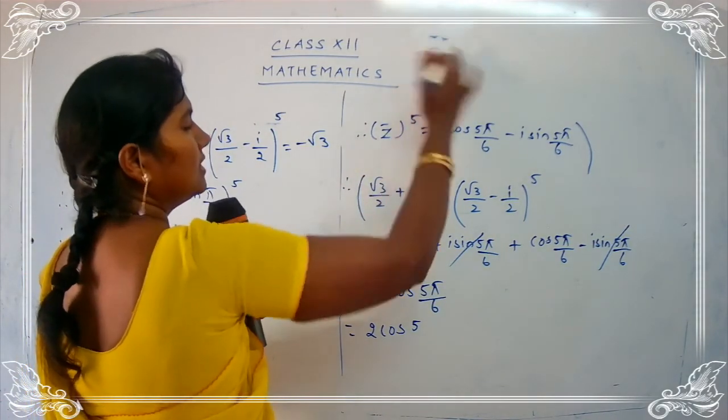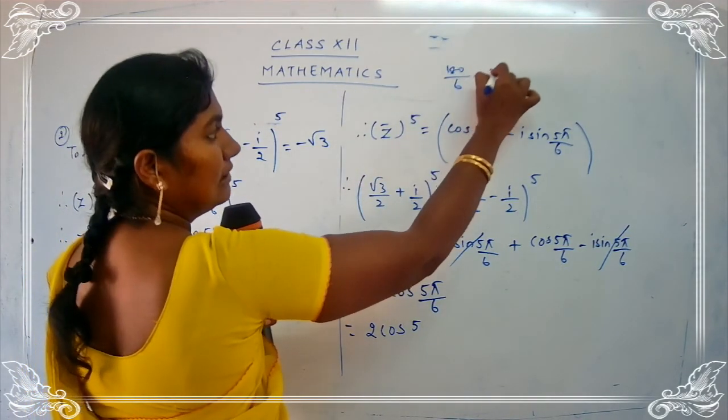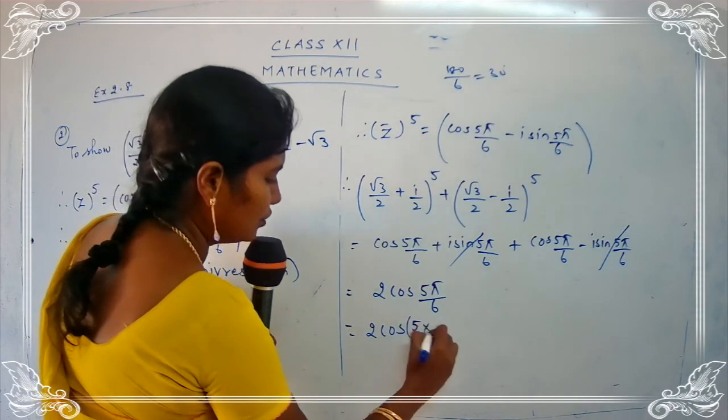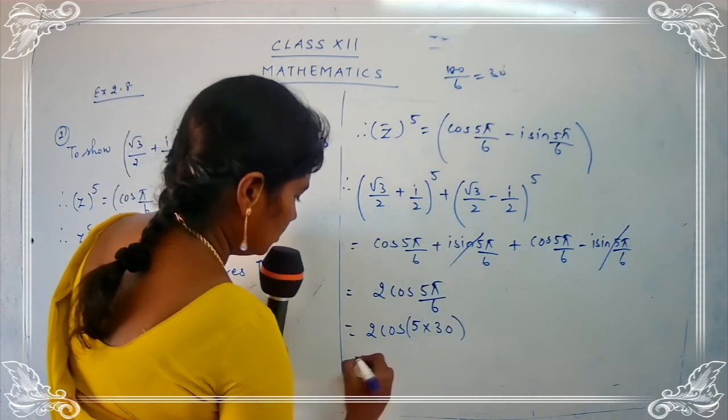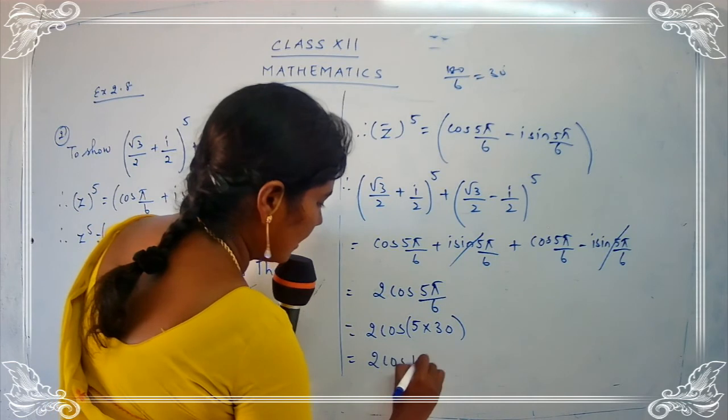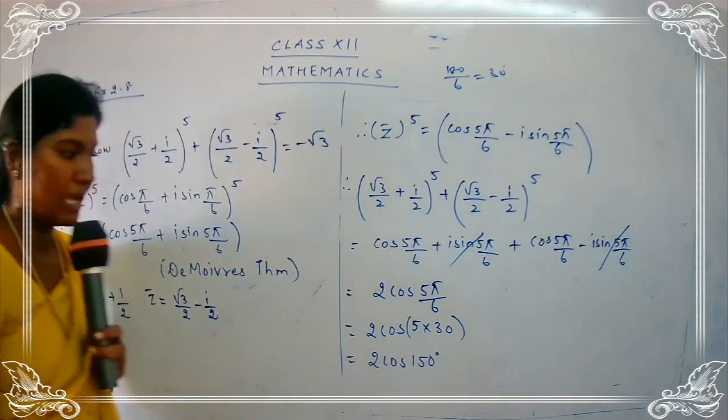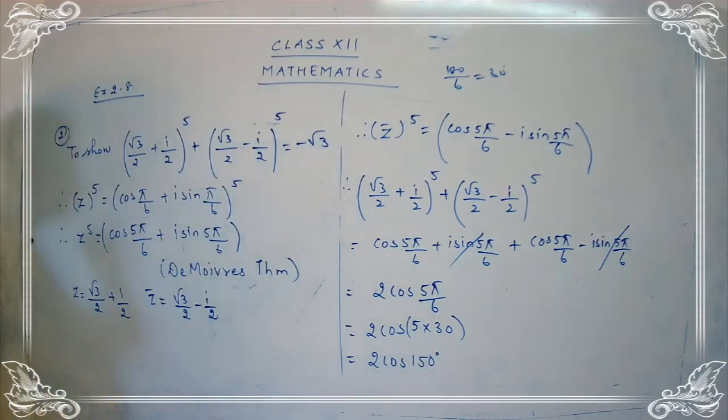Yes? It's 180 upon 6, so you get 30. So I'll put here 5 into 30. So this is 2 cos 150 degrees. I have just converted the radian in terms of degrees. Okay, children, so I have got 2 cos 150 degrees. Just stay down till there. The sums are lengthy. These are all 5 mark questions.